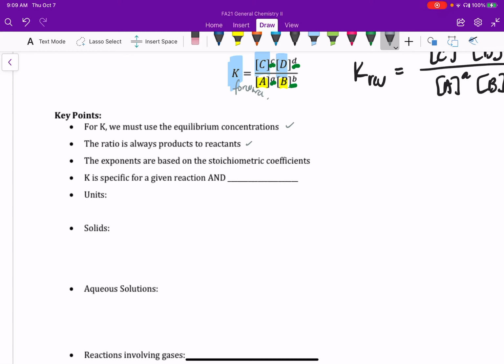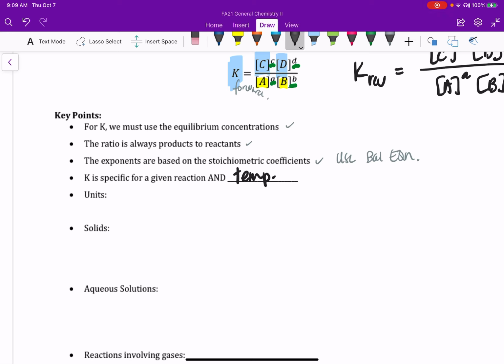The next piece is the exponents are based on those stoichiometric coefficients. So we're going to use the balanced equation, right? That's what that means there. And then the next one is K is specific for a given reaction. So any reaction I have, I can specify that K, but it is going to be dependent on temperature. So Ks are defined for a given reaction and temperature.